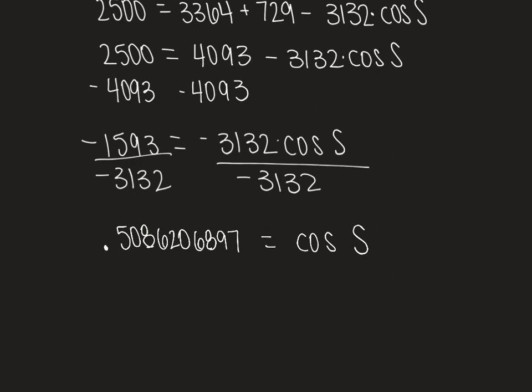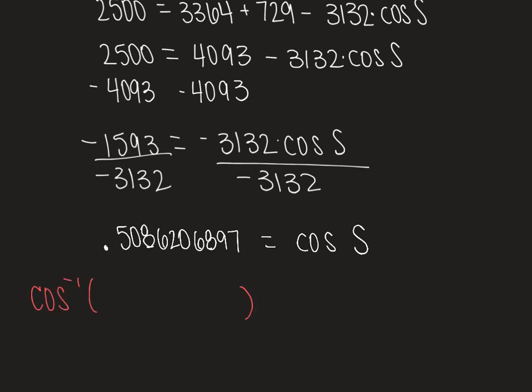All right, so the problem here is that we need to get rid of this cosine now. So we've isolated it, but we need to know what angle that when we plug it into this cosine would give us 0.508, like this whole decimal. So what we need to do is the inverse of cosine. We need to basically undo it. So to do that, we'll take cosine to the -1 on both sides.